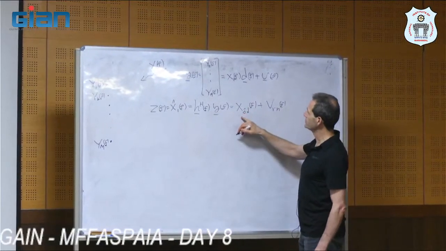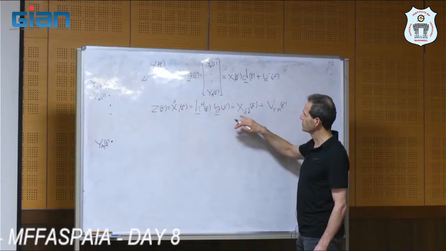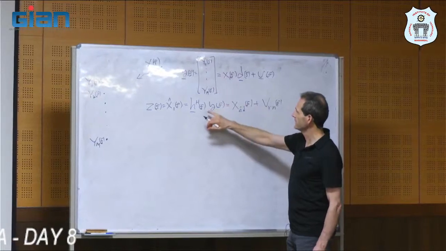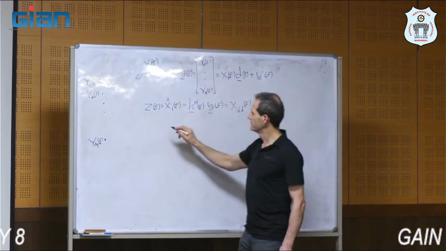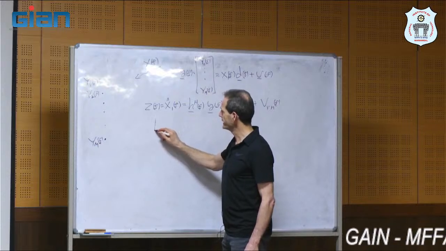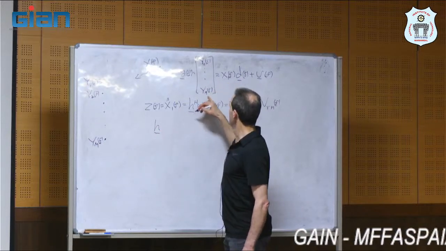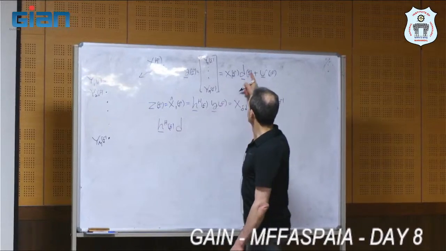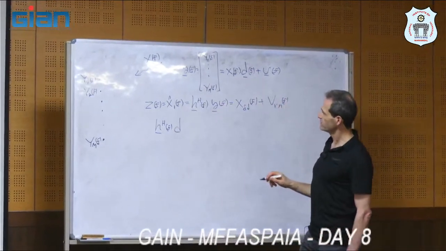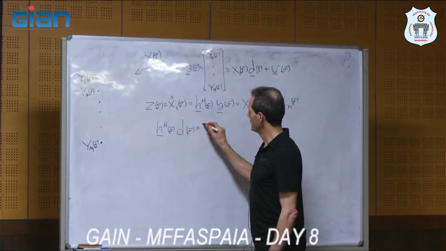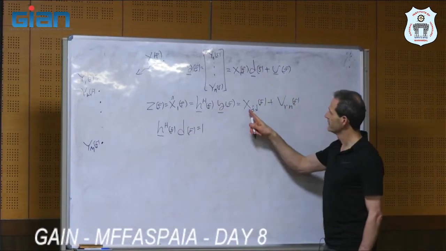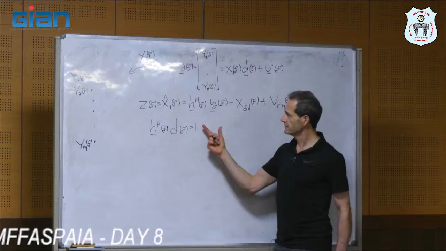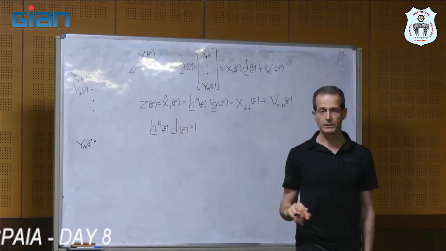If we want to get distortionless response, which means that the output of the filter gives the same desired signal, we need to add a constraint that H, the filter, applied to the relative transfer function, the steering vector here, will be 1 for all frequencies. Then we assure that X filter desired will be equal to X1. So this is the distortionless constraint for this model.